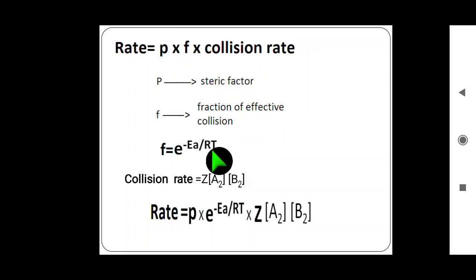And the collision rate, from the general equation, equals Z times the concentration of the reactants A2 and B2. Just substitute the steric factor P here, and the fraction of effective collision F, then the collision rate Z, concentration A2, concentration B2.